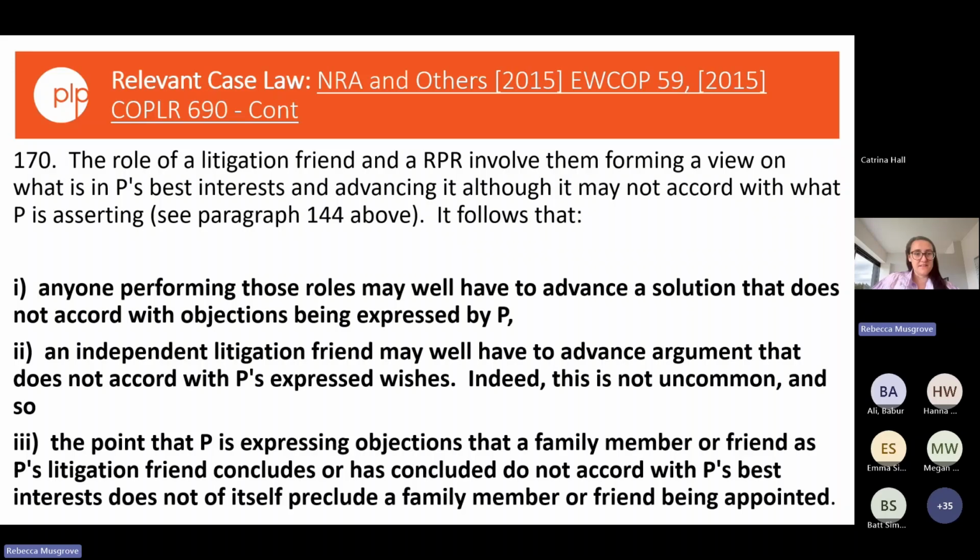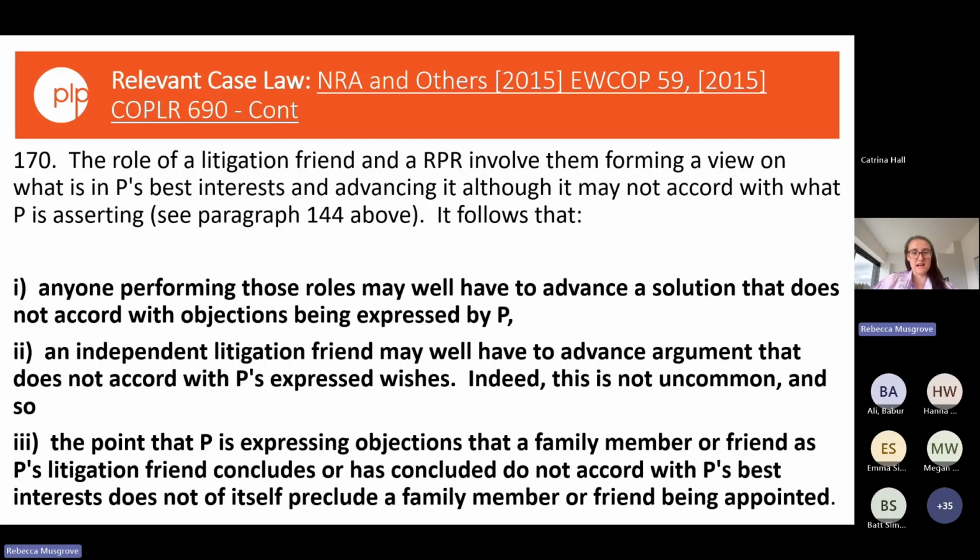Still on NRA again, the NRA is one of those cases that has a lot of these little checklists in it, so it's kind of a bit of a go-to when you have these applications. You've got all these other interesting cases before and after, but this one has the kind of helpful little checklists in it. So paragraph 170, it says, the role of a litigation friend in RPR involves them forming a view on what's in P's best interest and advancing it, although it may not accord with what P is asserting.